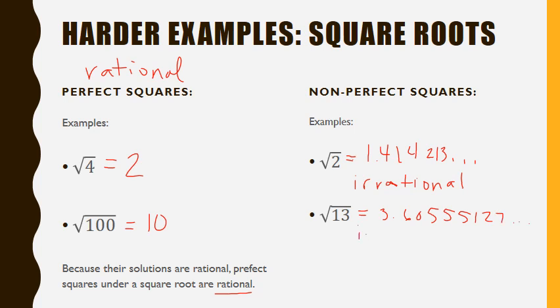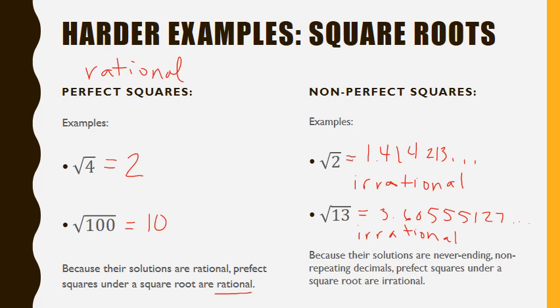So this one's going to be irrational as well. If it goes on forever and it doesn't repeat, it's going to be an irrational answer. Because their solutions are never-ending, non-repeating decimals, non-perfect squares under a square root are irrational.